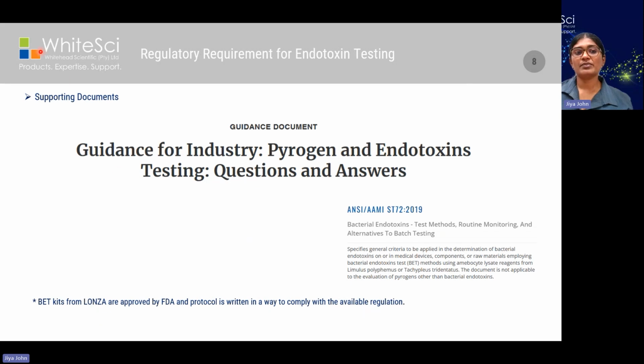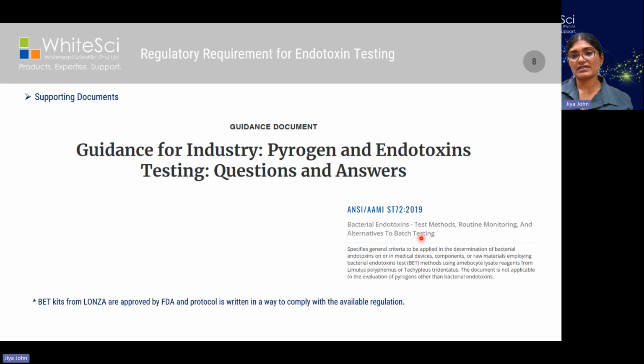There are also some supporting documents that allow you to troubleshoot more or gain more specific knowledge on specific questions that you may have regarding the endotoxin testing. For your parenteral drugs, they do have a guidance for industry Q&A. This document is available on your website. This is something you can download and have a read through.